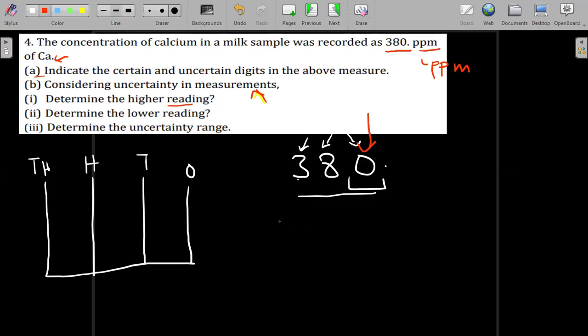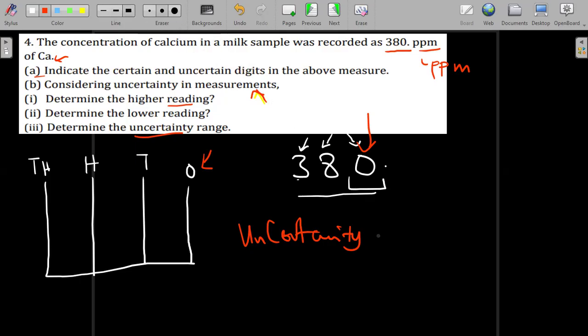So our uncertainty, not our uncertainty range, what am I saying? The uncertainty, because the uncertainty range we use another formula to find. So this one here is just the uncertainty.